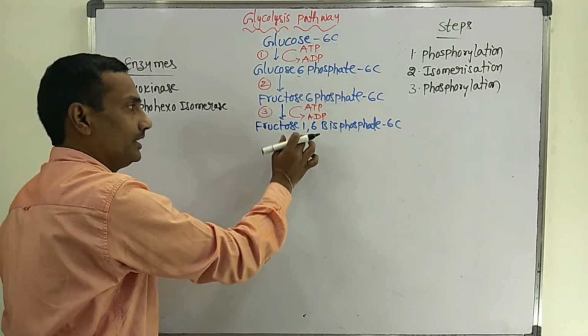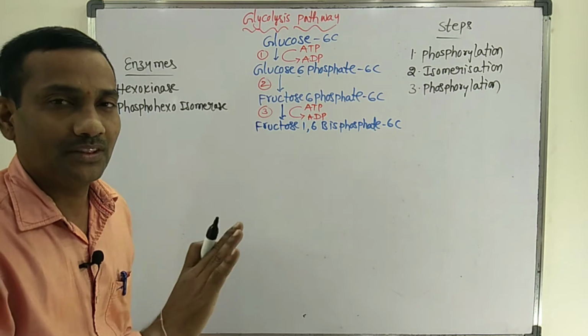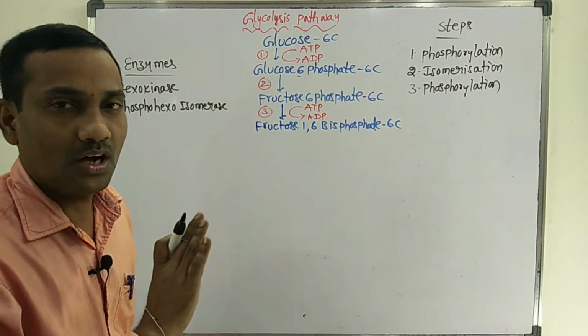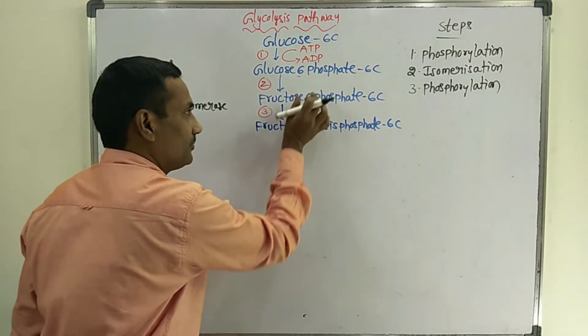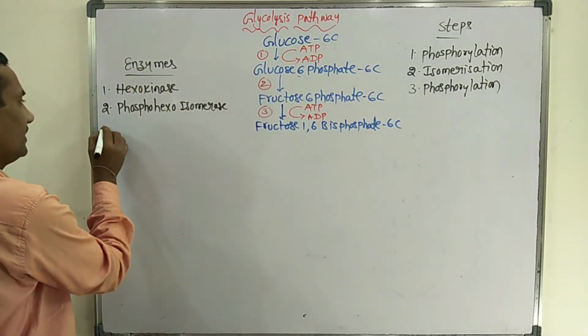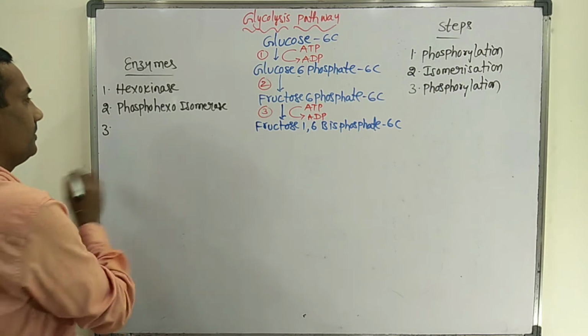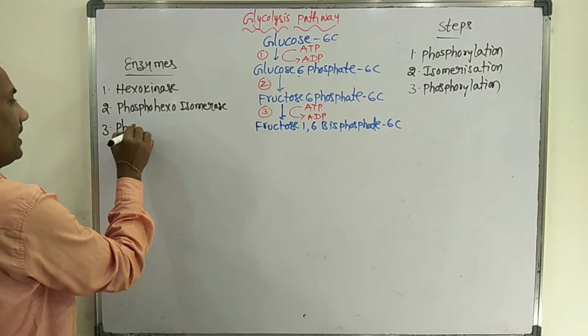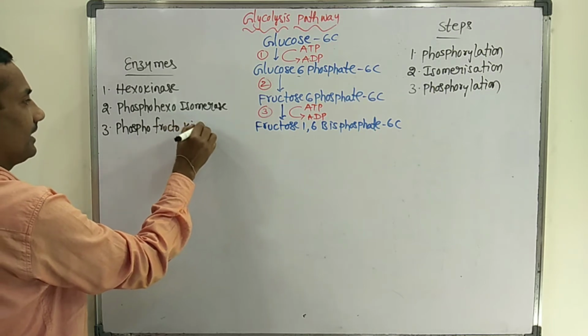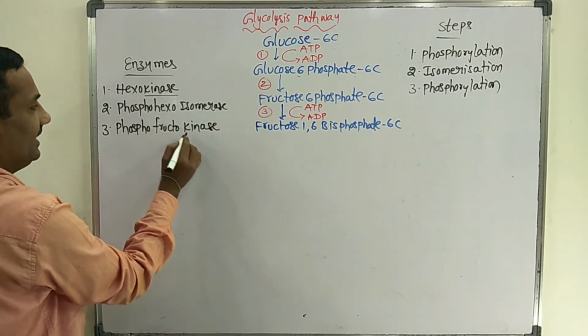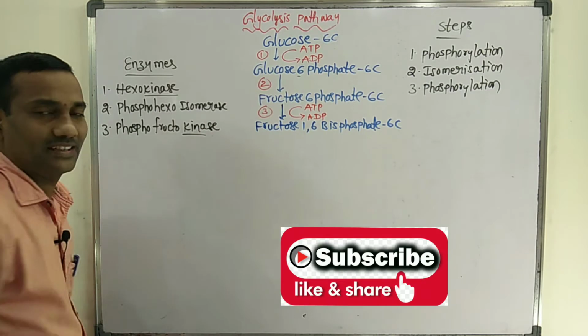From the beginning till the end of the third step, the number of carbons is not changed in the substrates. This reaction is catalyzed by phosphofructokinase. Here, kinase means ATP reactions.